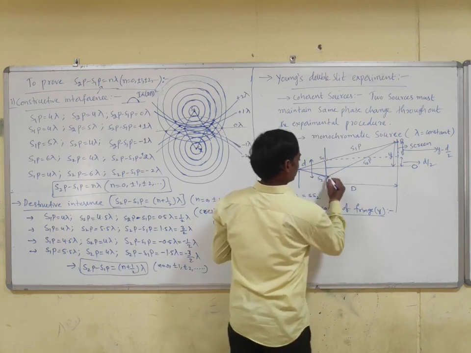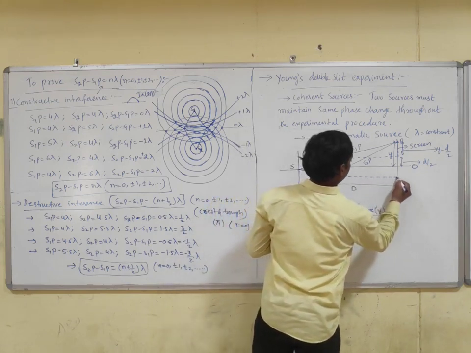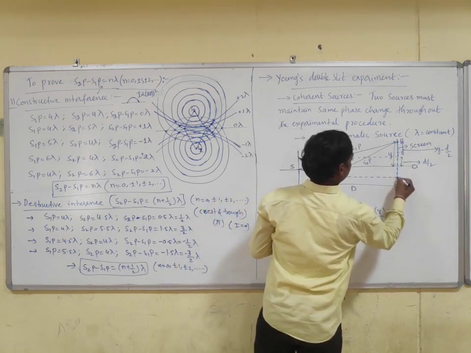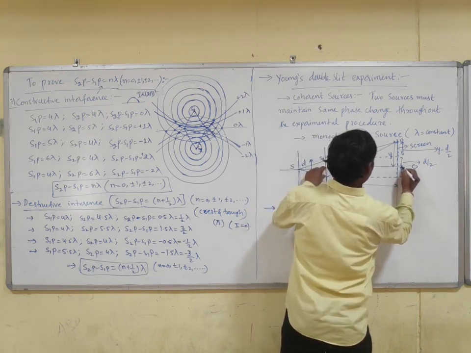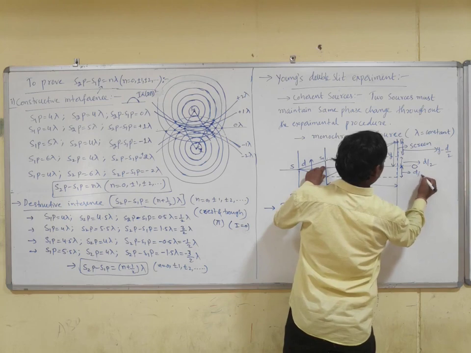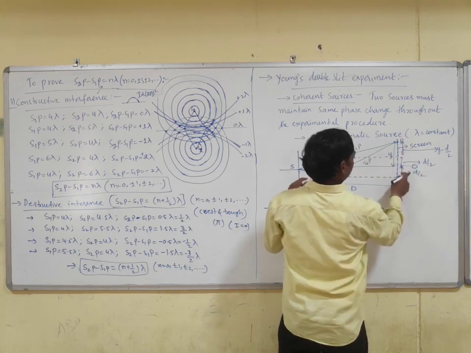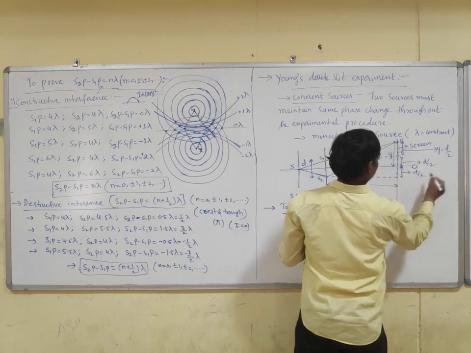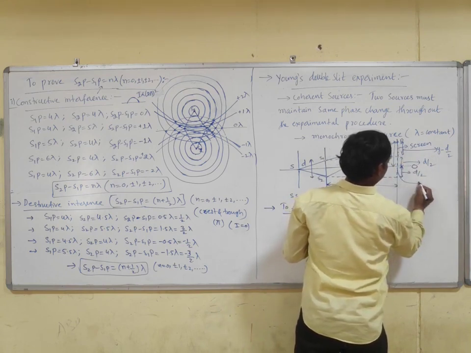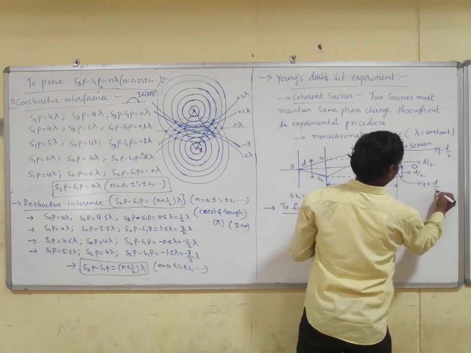Next, this will be d by 2, so this side will be equal to Y plus d by 2. This side will be Y plus d by 2.